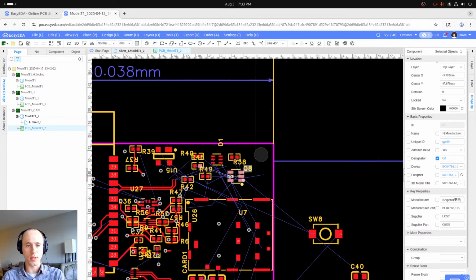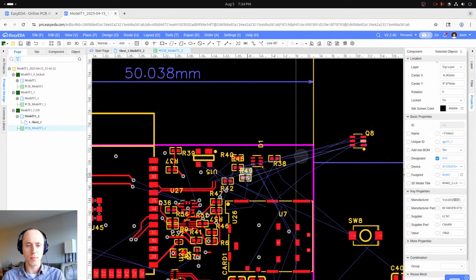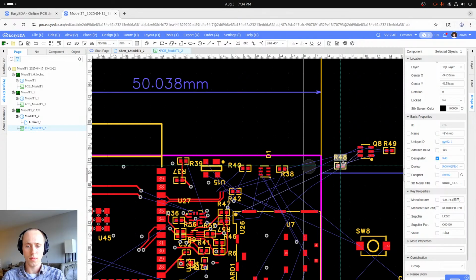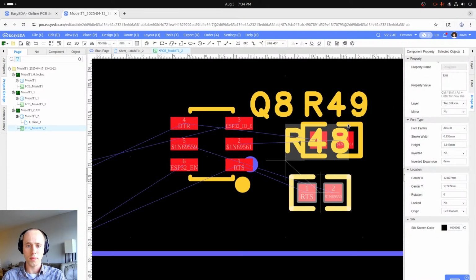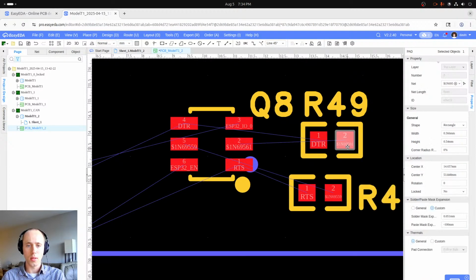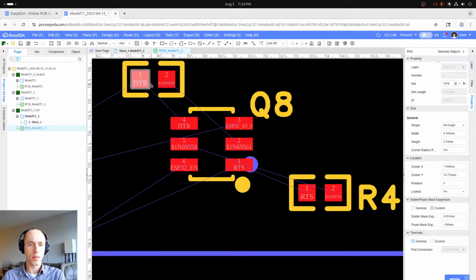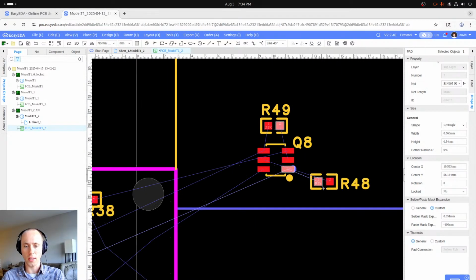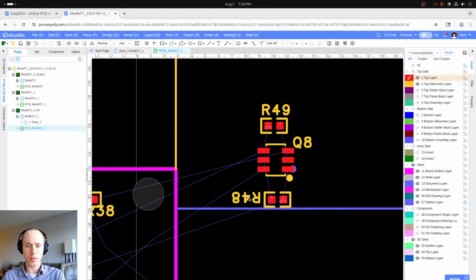We're going to pull this off to the side, like so. I'm going to find these two resistors, R49, R48, and make sure that they're next to the pins that they want to be next to. Yeah, so we can put them like that and like this. Something like that.